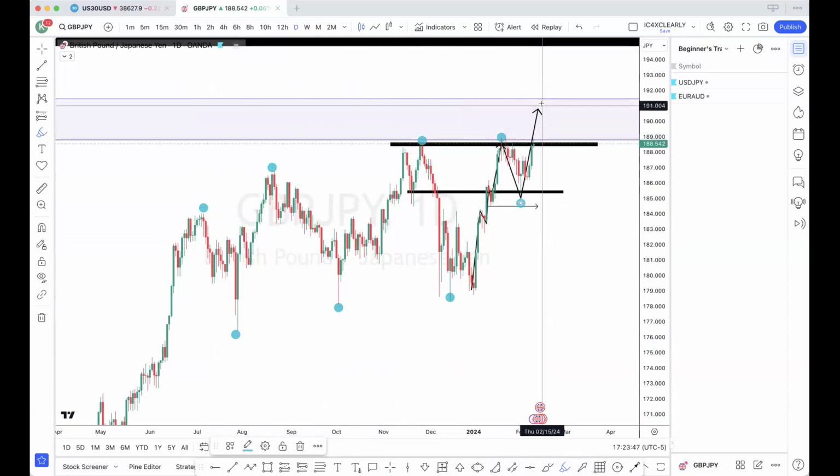So right now I'm just expecting, even if this pulled back, right? Even if this pulled back.